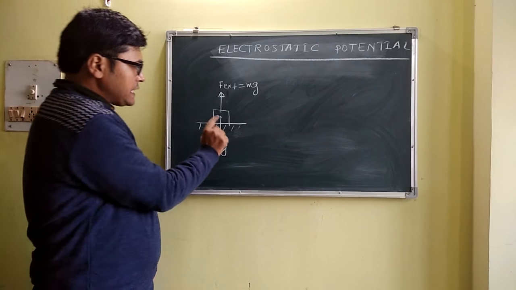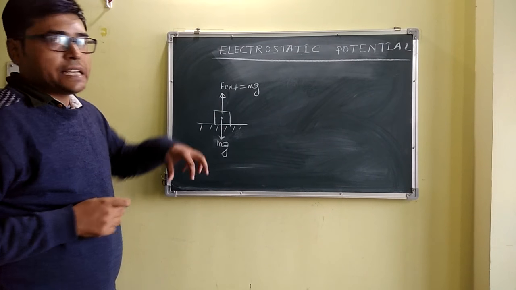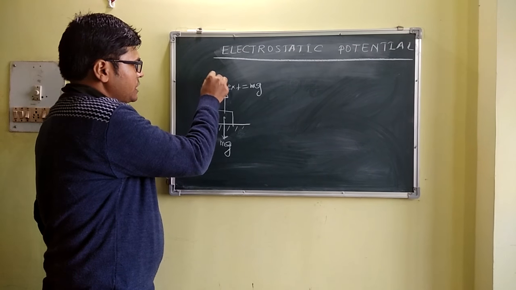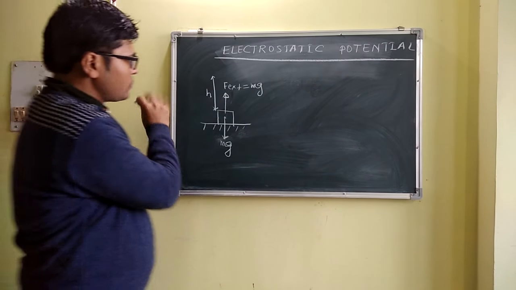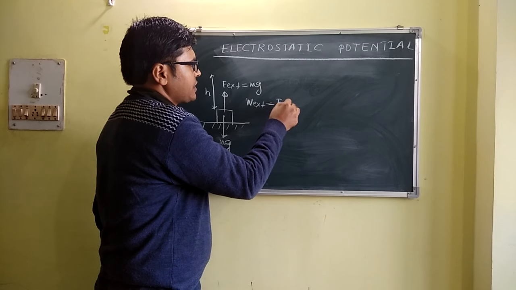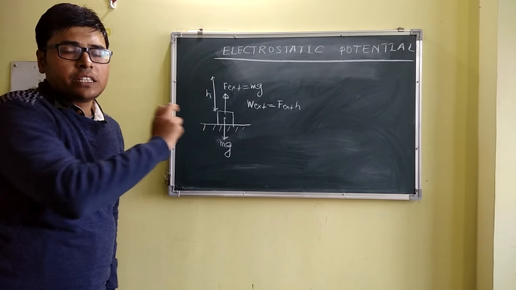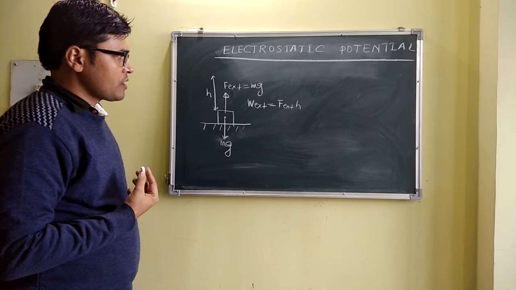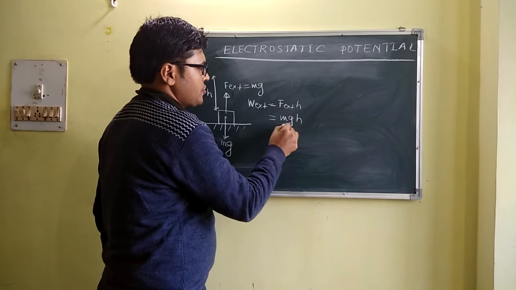Now we give a slight impulse so that the block would move with uniform velocity, because net acceleration is zero, so it will keep on moving with uniform velocity. So let's say it displaces through a distance h, so work done of this force would be F external into h. As F external and the displacement are in the same direction, we can simply write F external into h. Now this F external is mg, so the work done is mg into h.